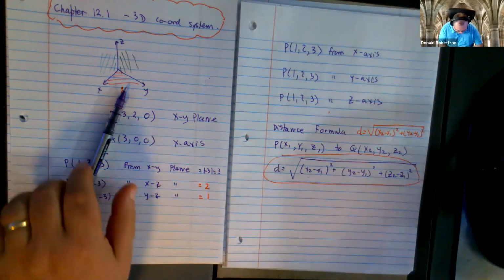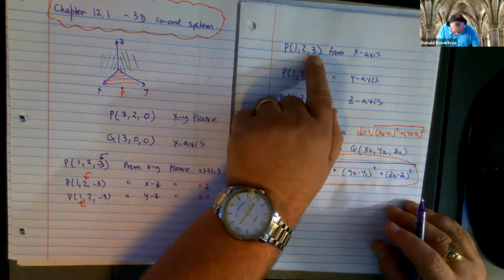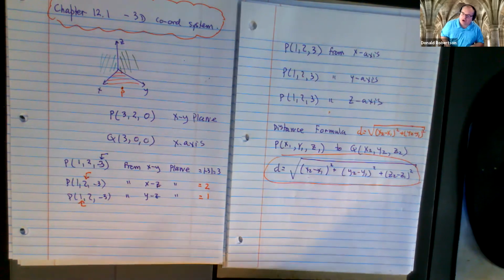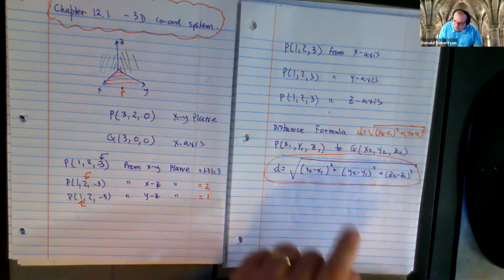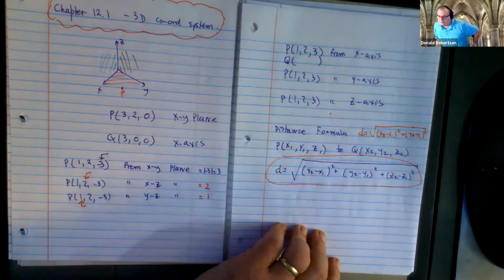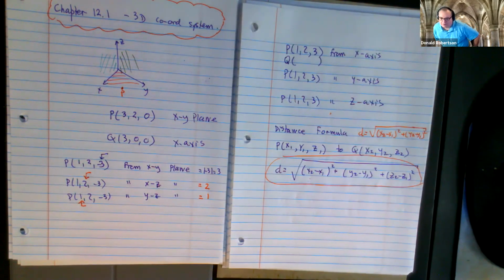So if I want to know the distance this point is from the x-axis, what I need to know is who the other point would be. Who is the point on the x-axis that this guy is closest to? So if you do point 1, 2, 3, what point on the x-axis would be the closest one to it?